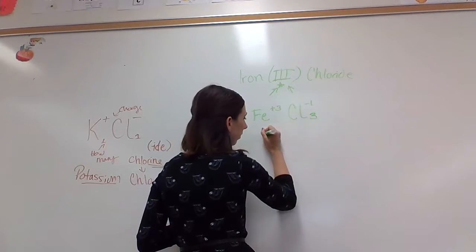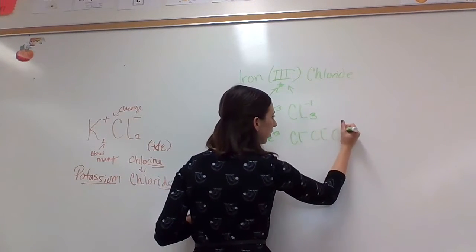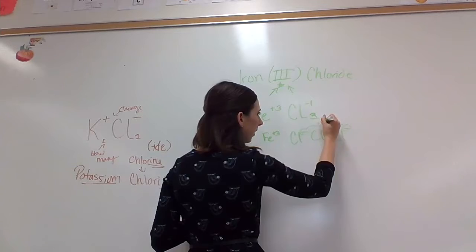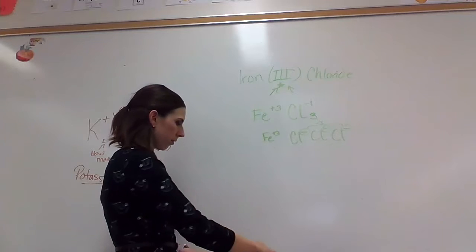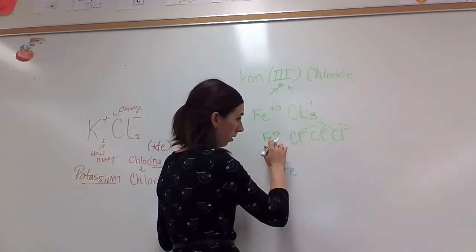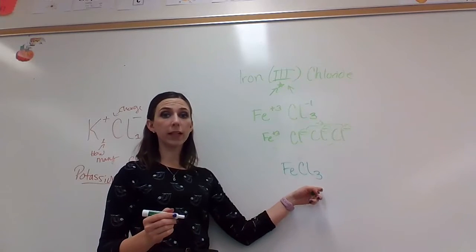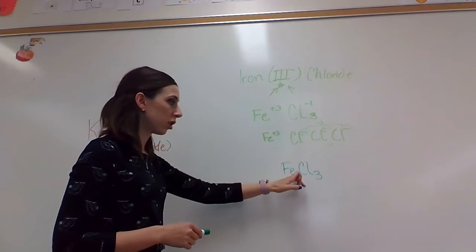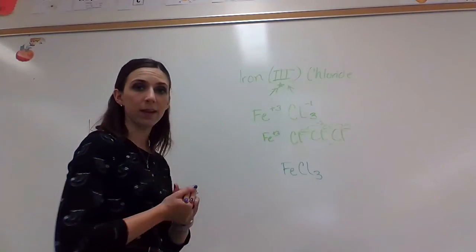Now you have chlorine, you have 3 -1s. So it'd be 1, 2, 3. And these negatives all add up to -3. And you have your +3. So your final compound is going to be iron(III) chloride, and you're going to have 3 chlorines in your final that you write out. The finals don't have to include the charges, and if it's just one, you don't put a 1 next to the iron. It'll just be FeCl3, iron(III) chloride. Hope this helps, guys.